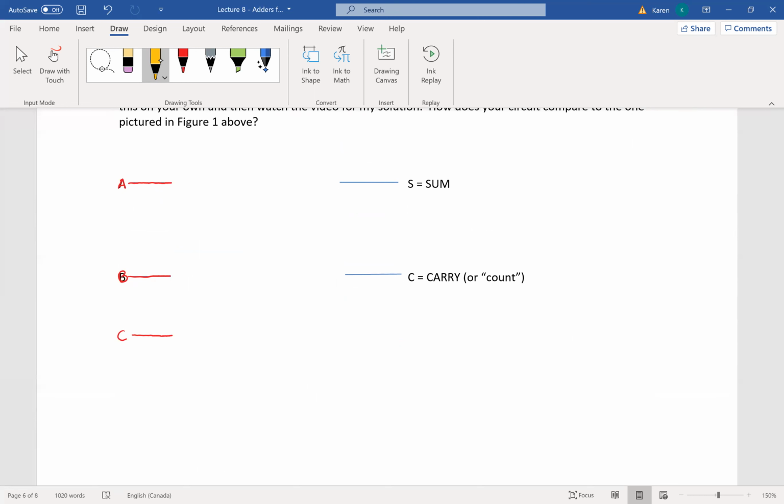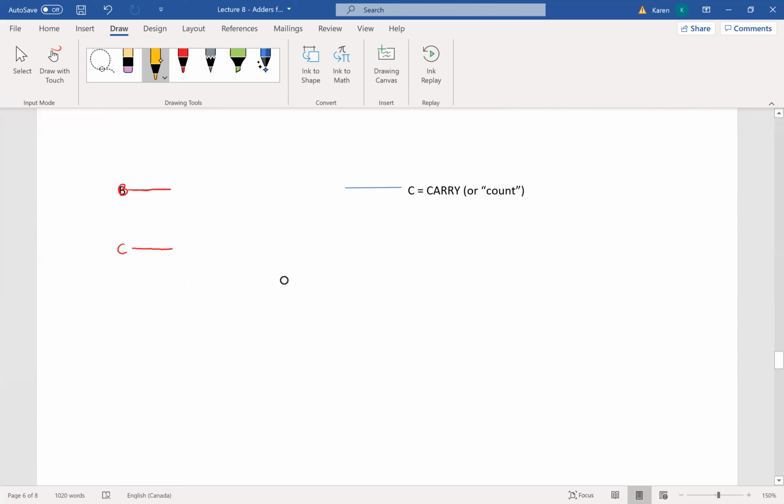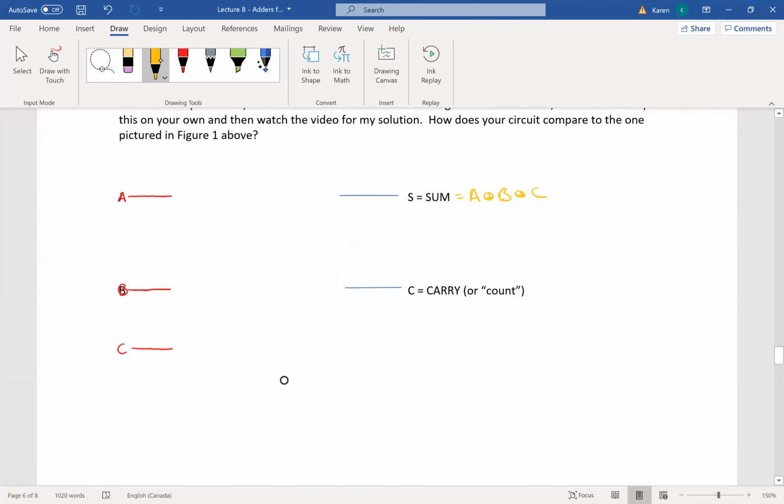Sum is A exclusive OR B exclusive OR C. Carry, I'm going to do it the way I like it first, which is AB or A and C or B and C. Now, A exclusive OR B exclusive OR C. Oops, I need to color code properly.